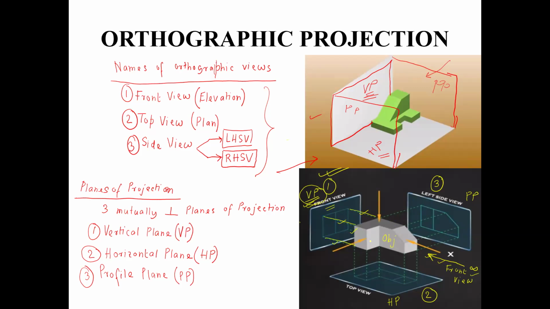These are the light rays which are coming from your eyes, going past the object and finally hitting this plane perpendicularly. So all these projectors are hitting the vertical plane perpendicularly at different points. If you join those points in proper sequence, you will get a figure like this on the vertical plane, which is nothing but the front view of the object. So the front view of the object is projected on which plane? The front view of the object is projected on the vertical plane.